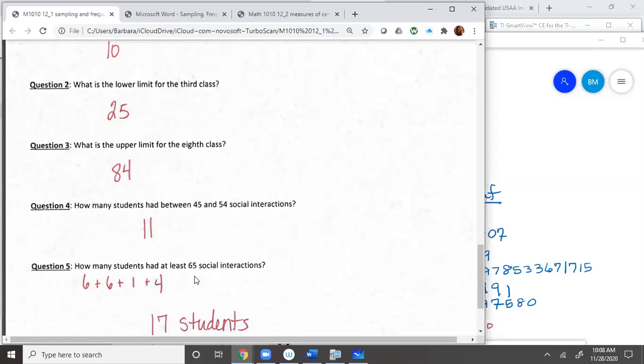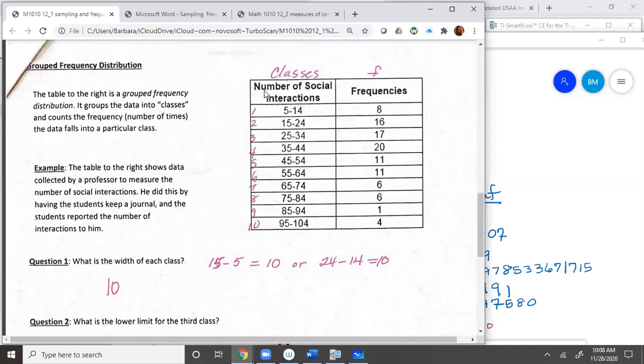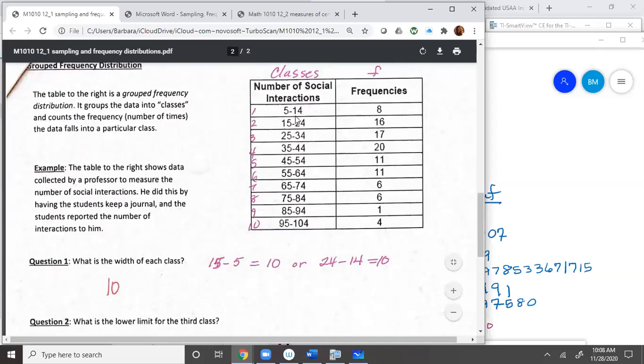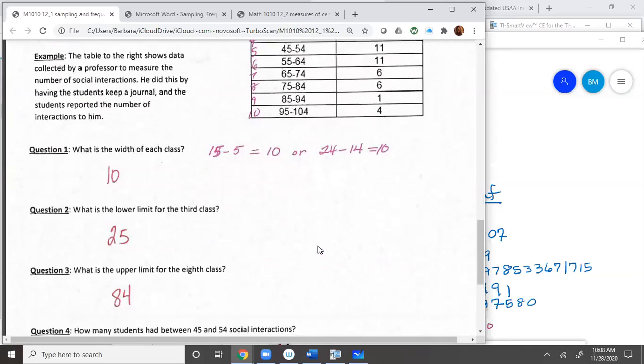How many students had at least 65 social interactions? So I'm going to go down this column, and when the question says at least, that is 65 or more. So the number of students who had 65 or more social interactions are 6 plus 6 plus 1 plus 4, which is 17.